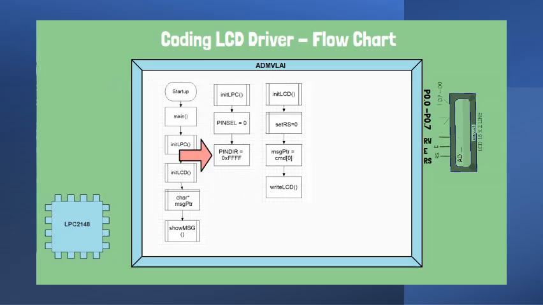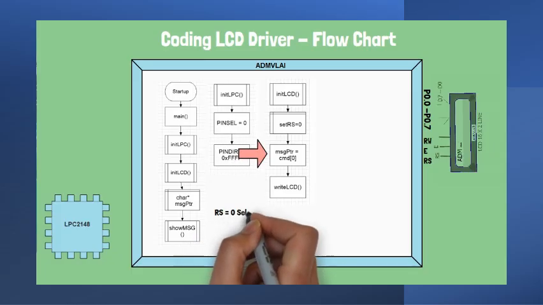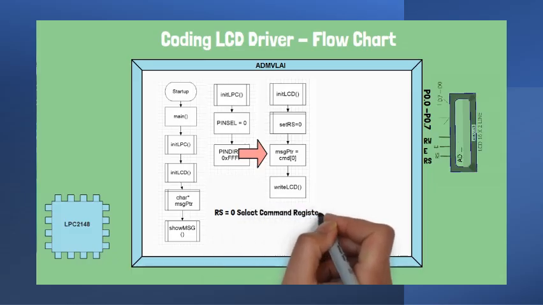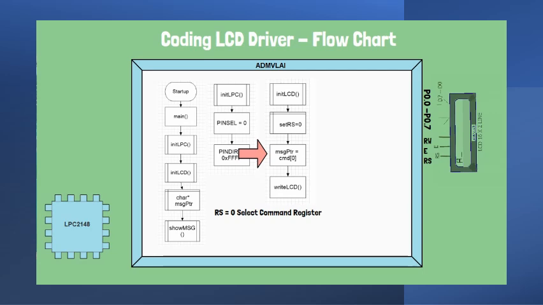To write a command, we first need to access the command. This is possible by referencing our message pointer to the command table. When register select is low and the data bus is loaded with command data, then the LCD module will get configured. When we need to show a message on the LCD display, we will be writing ASCII data to the data register of the LCD controller.